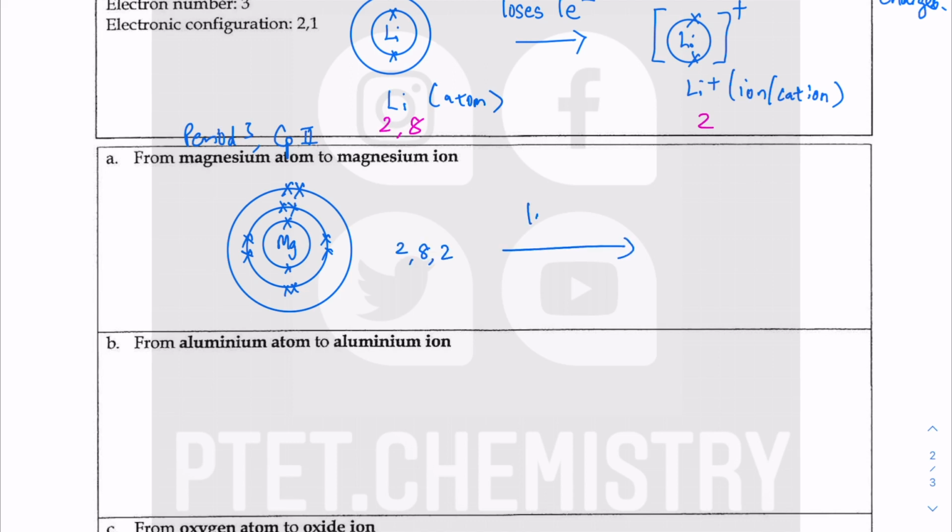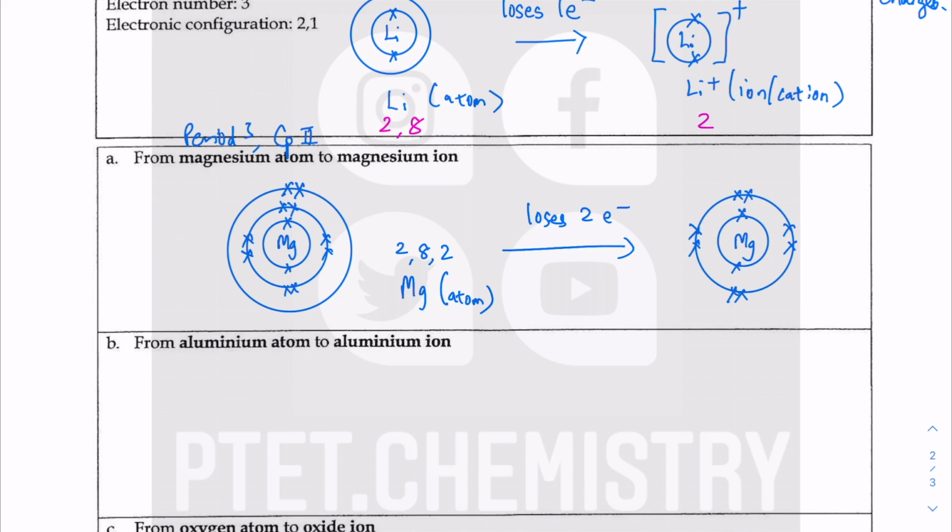What it does is it loses 2 electrons, you lose this one and this one. So what you get then is only 2 shells, because you lose the outermost shell electrons. Now you have 2 in the first shell, and 8 in the second. Remember, this is an atom, this is magnesium atom.